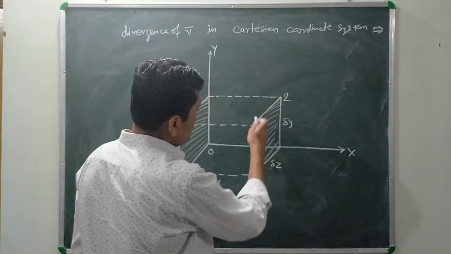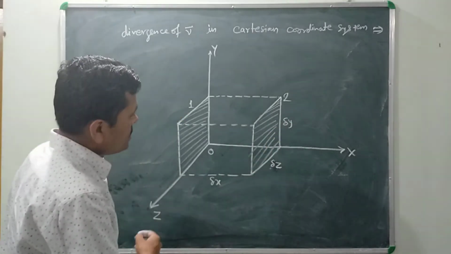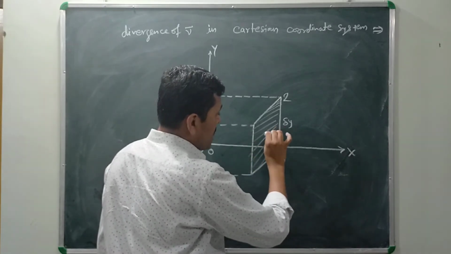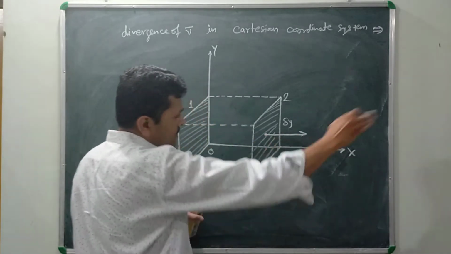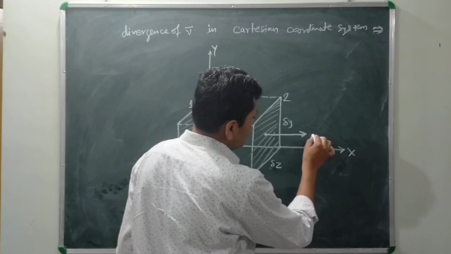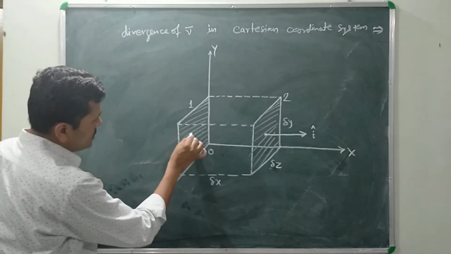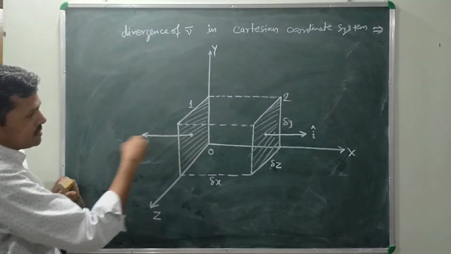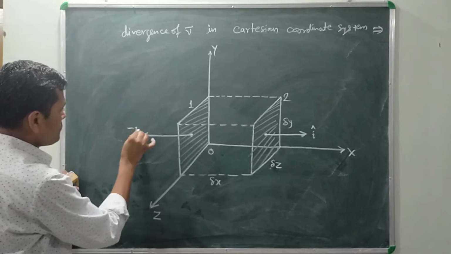So this area element will have magnitude delta y into delta z. But the direction of this area vector will be the outward normal, meaning it will be along the positive direction of x-axis, or say the direction of this vector is along i cap. Whereas the direction of this area vector is along this direction, meaning along negative of i cap.